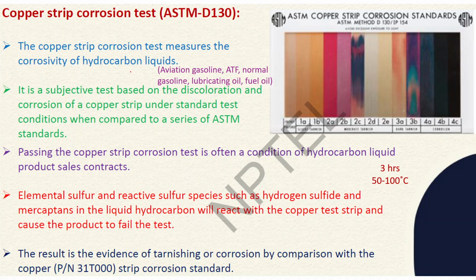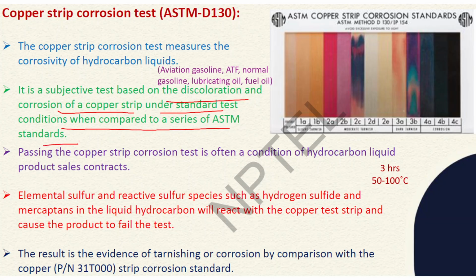The sulfur content present in the hydrocarbon causes corrosion in storage tanks, engines, burners, etc. It is a subjective test based on the discoloration and corrosion of a copper strip under standard test conditions, when compared to a series of ASTM standards.